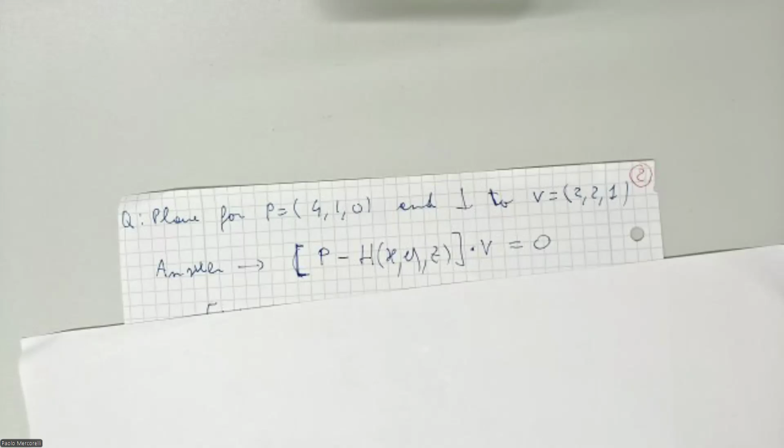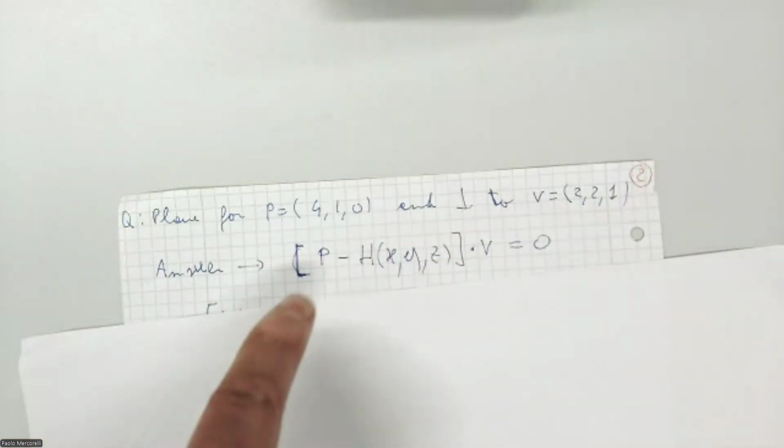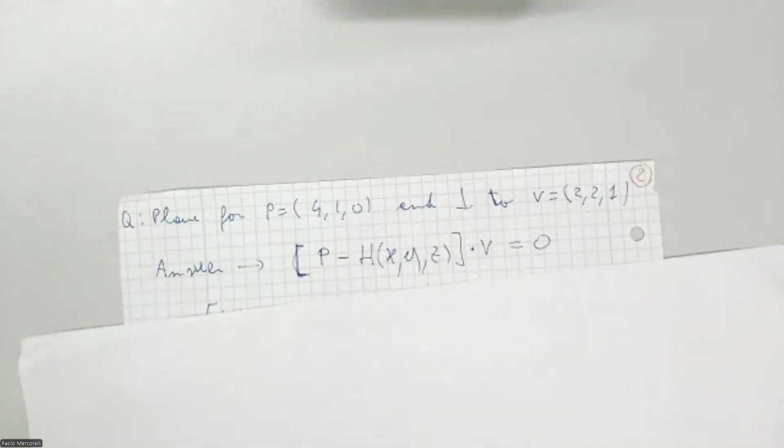I summarize with this expression exactly this sentence here. I mean, this sentence here plays the role of "calculate the plane". I didn't put "calculate". Calculate the plane for P means that P belongs to the plane and the plane is orthogonal to this vector. I summarize this sentence in this form.